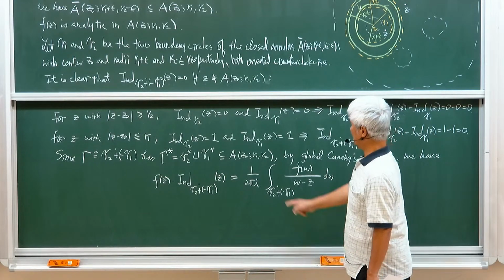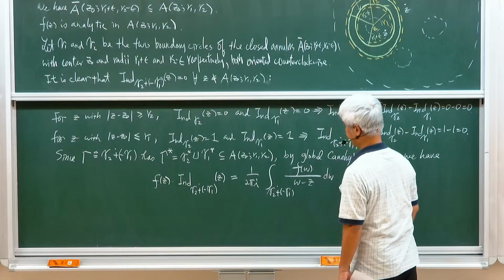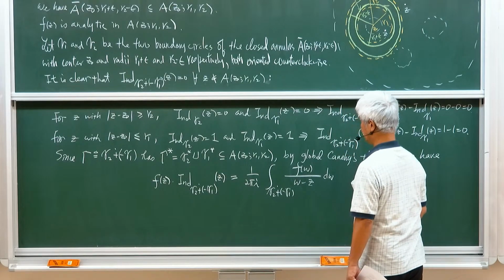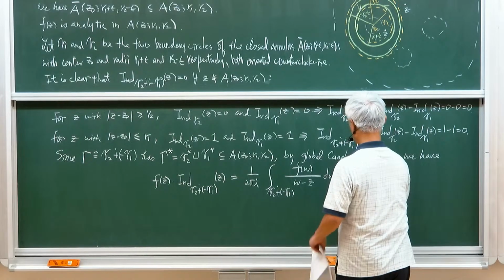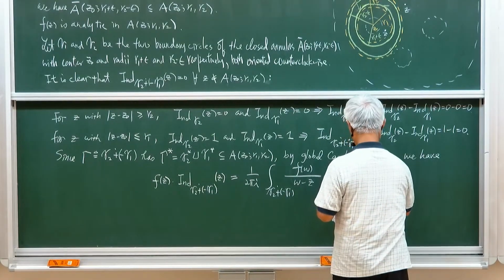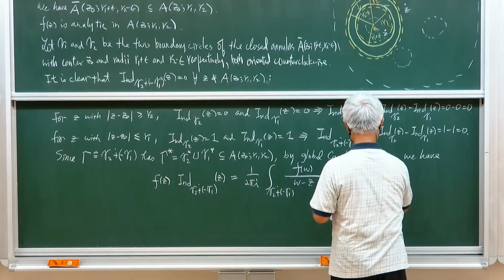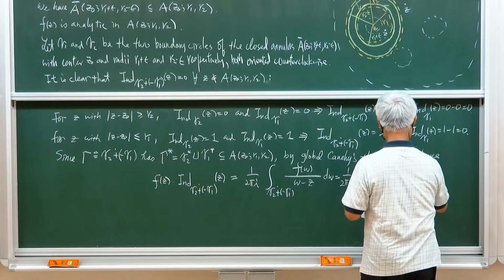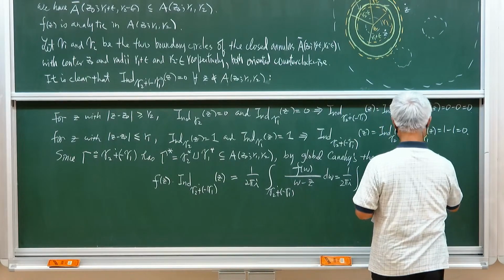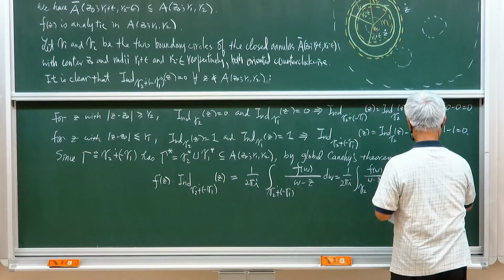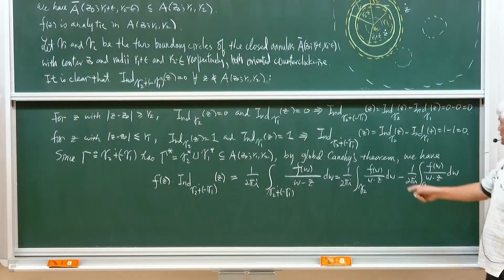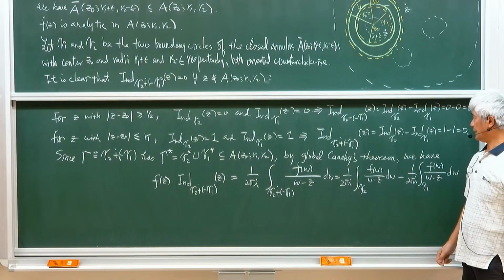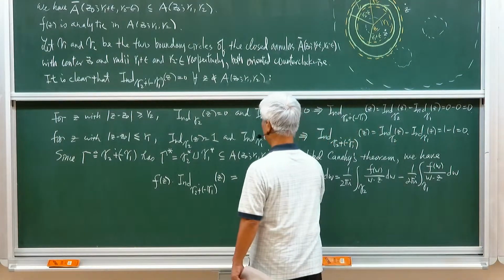So we now have this one. And by definition, this is equal to 1 over 2 pi i integral over gamma 2 of f of w over w minus z dw, minus 1 over 2 pi i integral over gamma 1 of f of w over w minus z dw. So this becomes two line integrals.